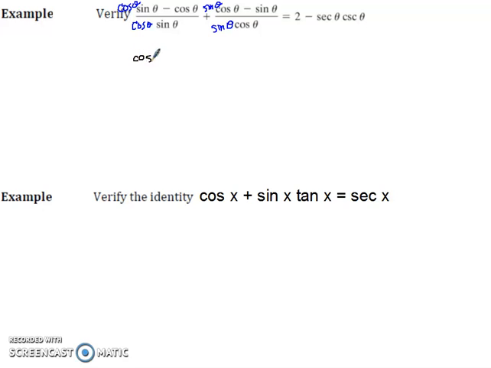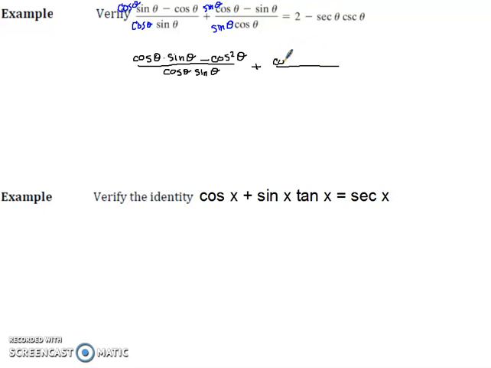I've got cosine theta multiplied by sine theta, minus, when I distribute cosine to cosine, I've got cosine squared of theta. And in the denominator, I have cosine theta times sine of theta. Plus, in my second fraction, I distribute that sine.